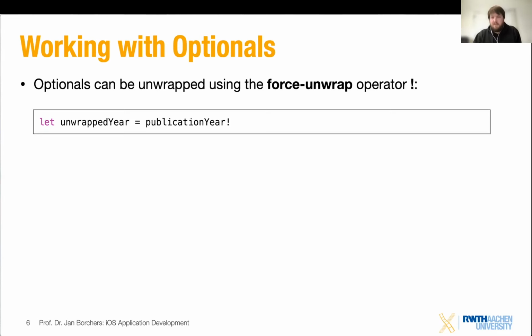But that's the problem. Here you specify, okay, I am sure I know that there is an integer in the publication year that you then can use. So if there's no integer in the optional, that will crash at runtime.